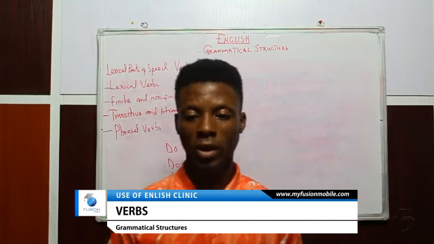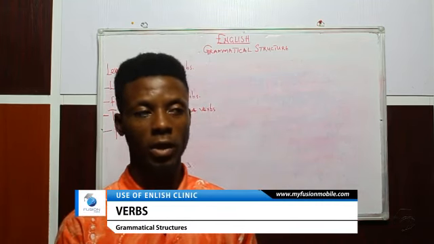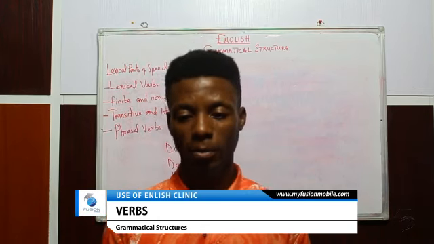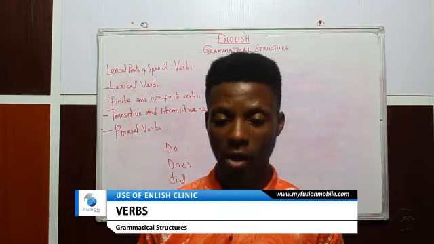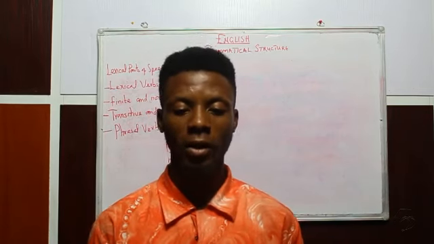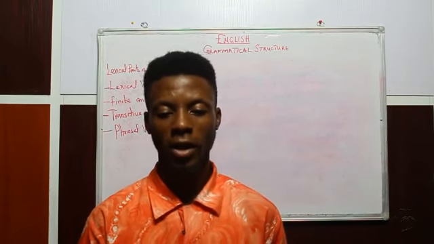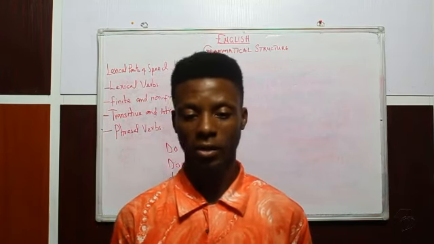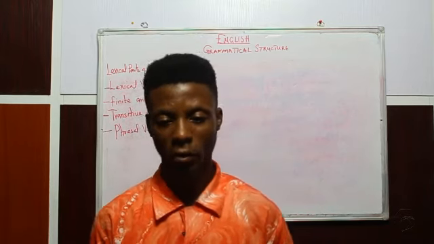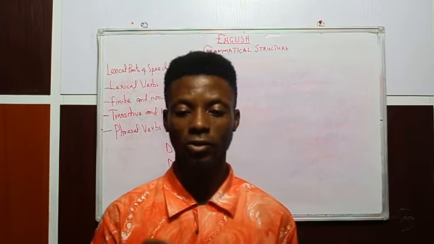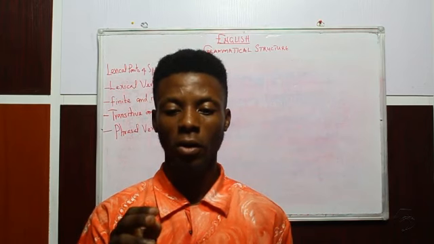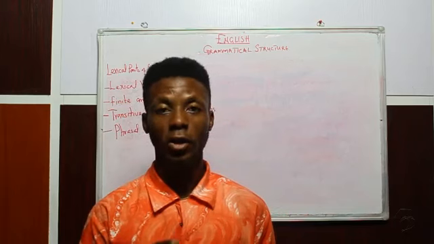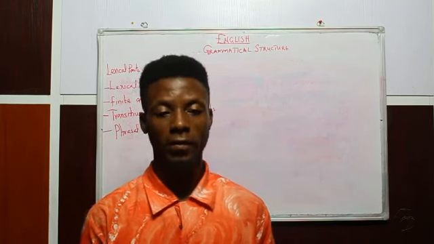Therefore, finite verbs cannot go with auxiliary verbs, especially the non-modal auxiliary verbs such as am, is, are, was, were, be, being, been, has, have, had, having, etc. In summary, therefore, it is grammatically wrong to use a non-modal auxiliary verb with a finite verb.